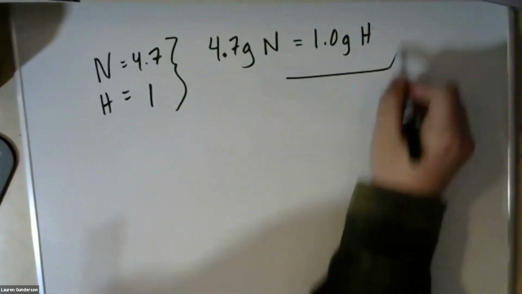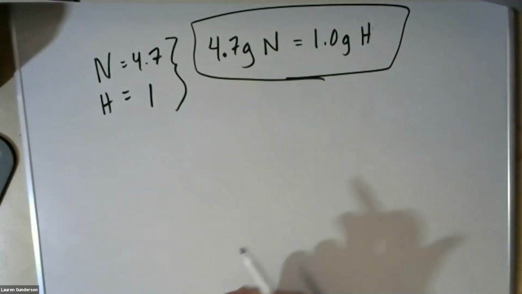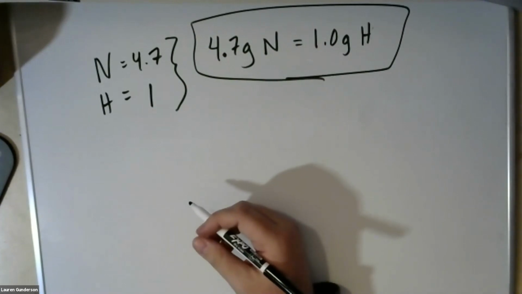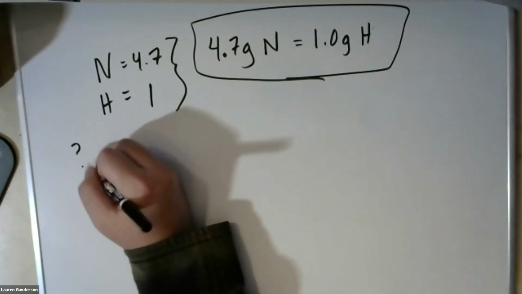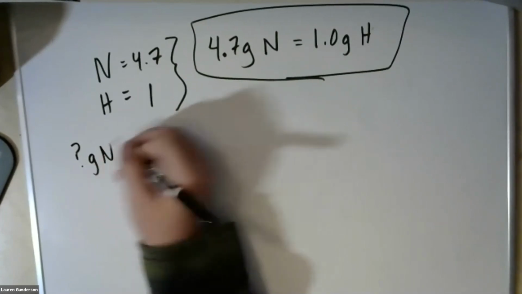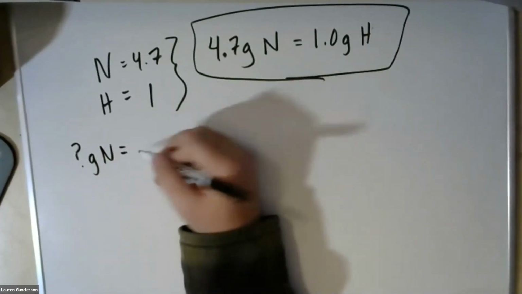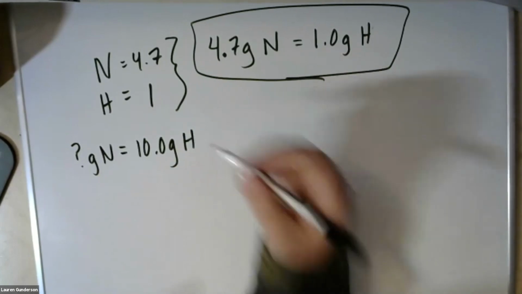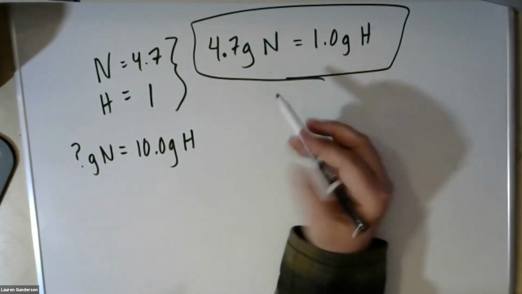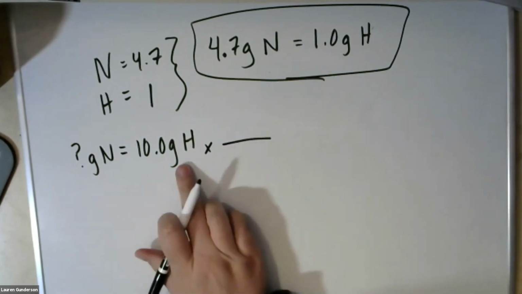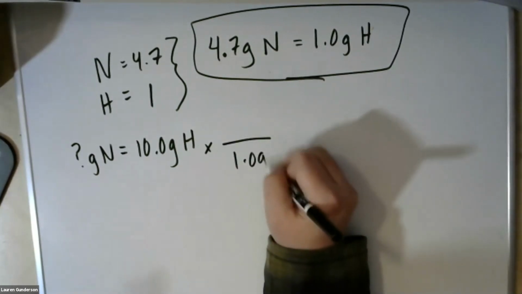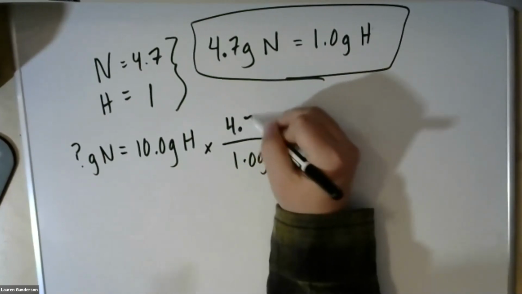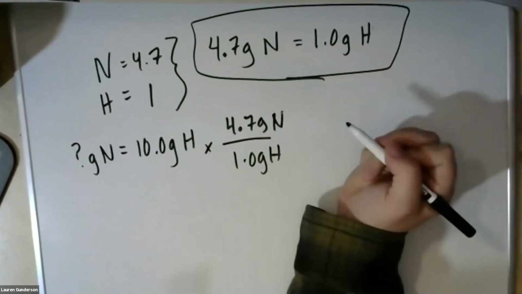Okay, we can use this just like a unit equation like we were working with in terms of conversions. So if I want to know how many grams of nitrogen there are in 10 grams of hydrogen, I can use my unit equation to figure this out, because I know that for every 1 gram of hydrogen, I'm going to need 4.7 grams of nitrogen.